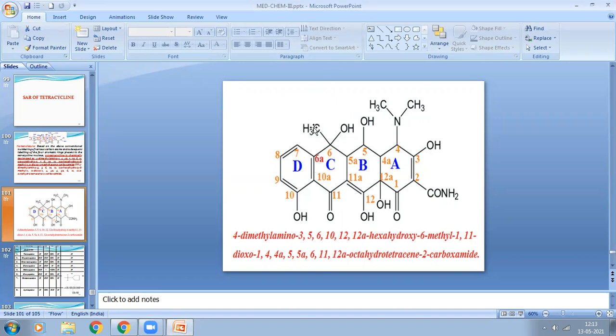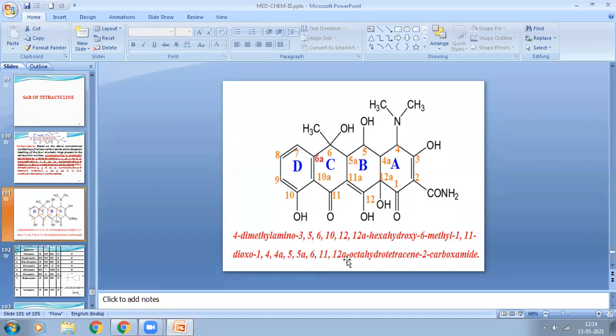That's why it is called 6-methyl. Now in the 1 and 11 positions, a ketone group is there, so it is called 1,11-dioxo.